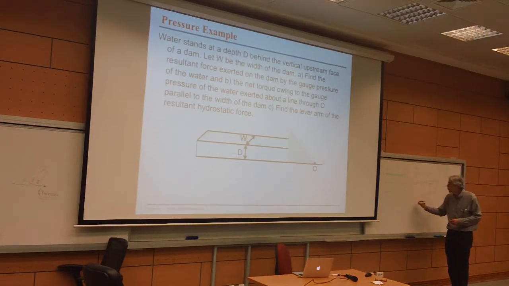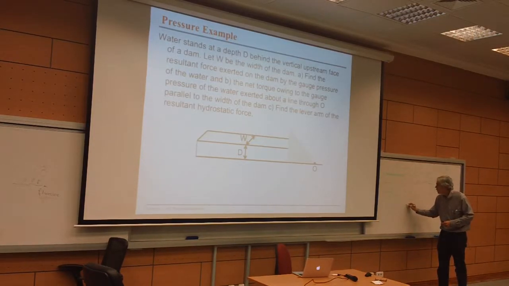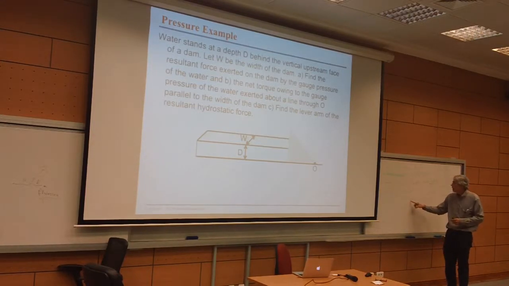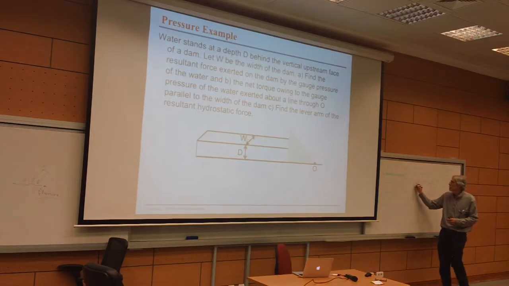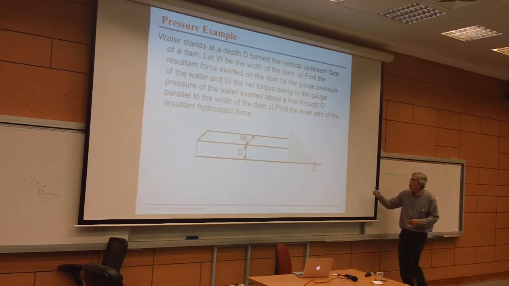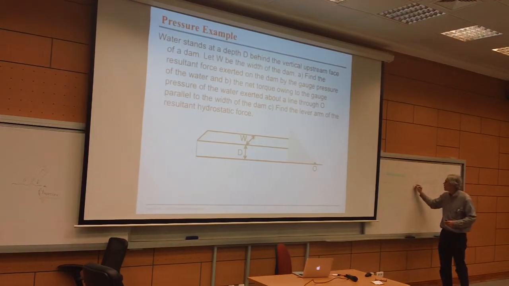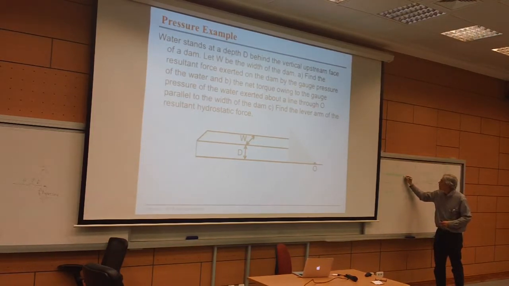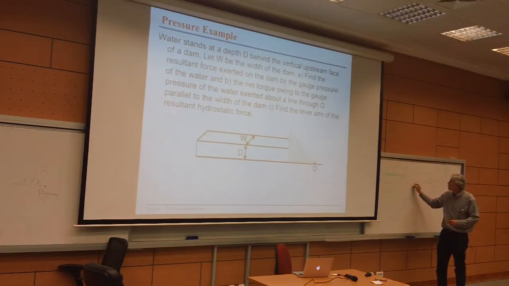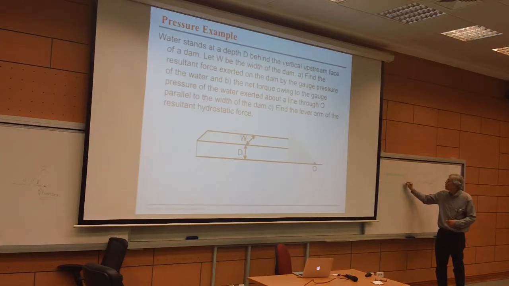But this is just equal in magnitude to the lever arm, r sine theta. So we're looking for the torque about this point O. So if this is our point O, and here's r, the lever arm is going to be this part here. Okay, do we agree? This part is r times sine of theta.